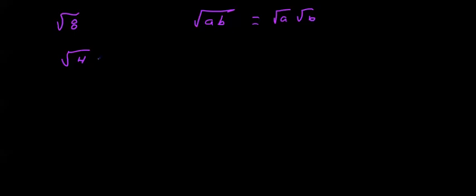Now, what happens when you have the square root of 8? How do we simplify that? Well, the square root of a product of two numbers A and B is equal to the square root of A times the square root of B. So when we take the square root of 8, we look for the largest perfect square of 8.